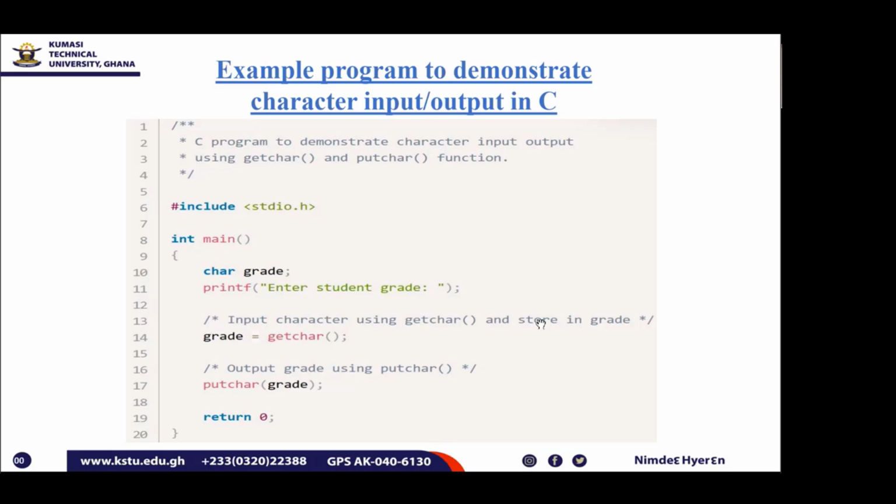So you have int main, then char grade as a variable declaration. printf is used to request for input of a grade, and then grade equals getchar. That is to accept the character. Then the character is displayed using putchar, which is the output function.